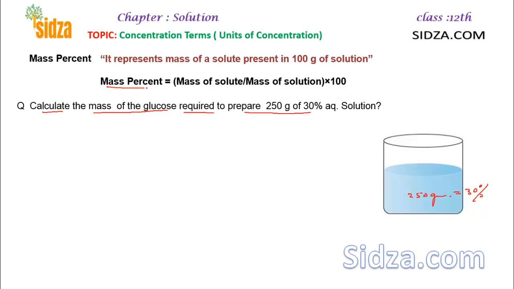Mass percent will be equal to weight of solute divided by weight of solution times 100.